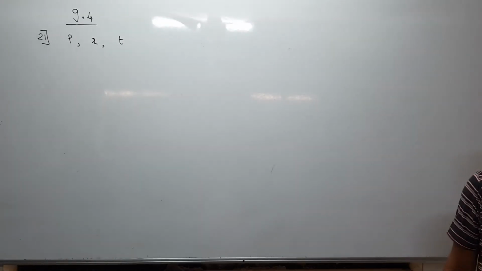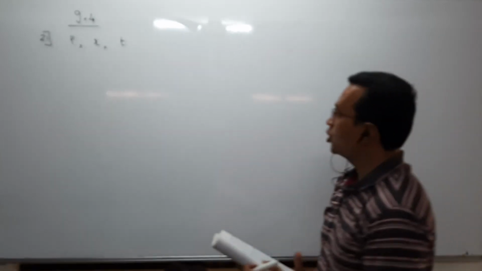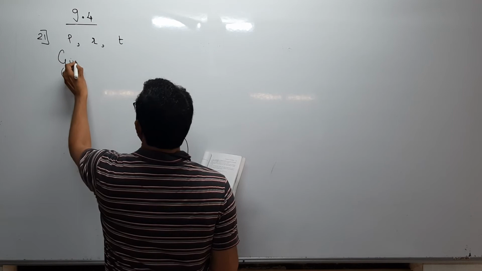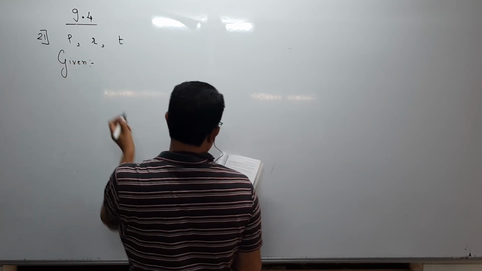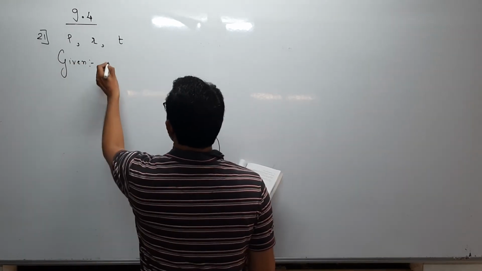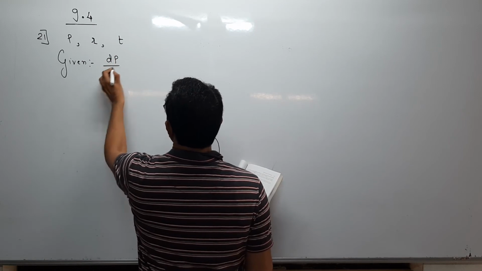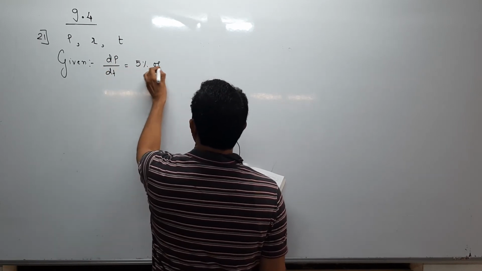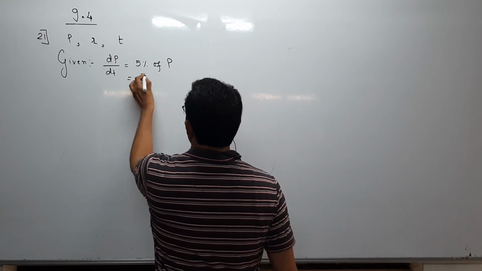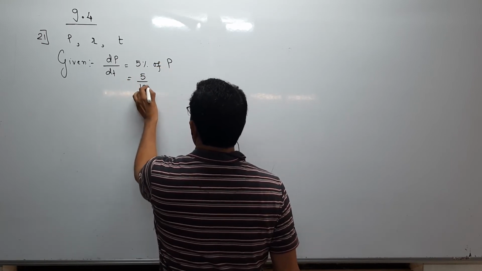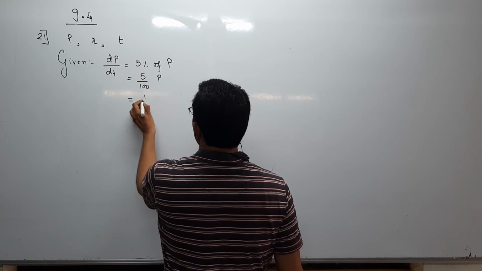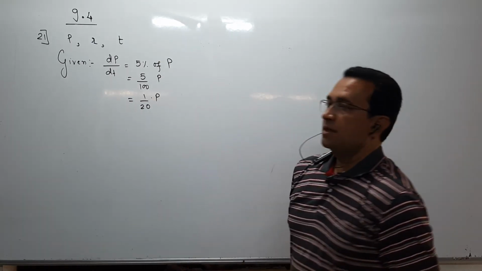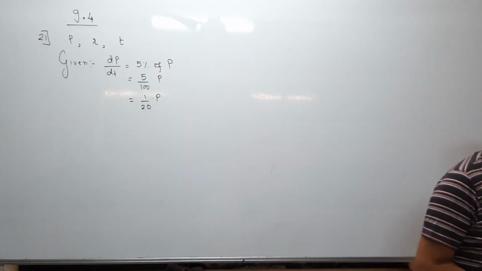In the previous one also we have done the same. So according to the given, the rate of increase of principal dP by dt is equal to 5% of P. So that is 5 by 100 into P. So 1 by 20 into P. This is, students, given to us.